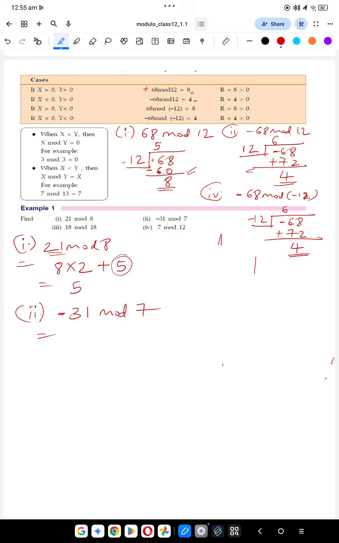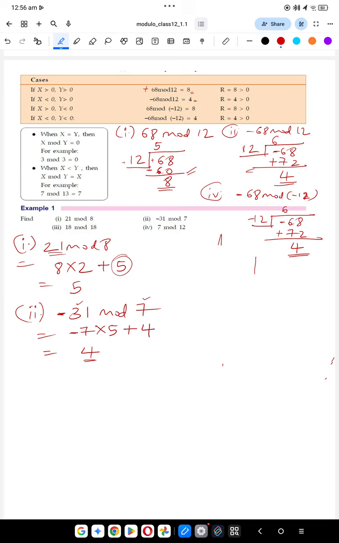We should think of the very next number which is just greater than 31 and a multiple of 7. 7 4s are 28, 7 5s are 35. 7 into 5 is plus 35, but since it is negative, we take minus 35. So how much do I add to minus 35 so that it becomes minus 31? Plus 4. So here our remainder is 4.